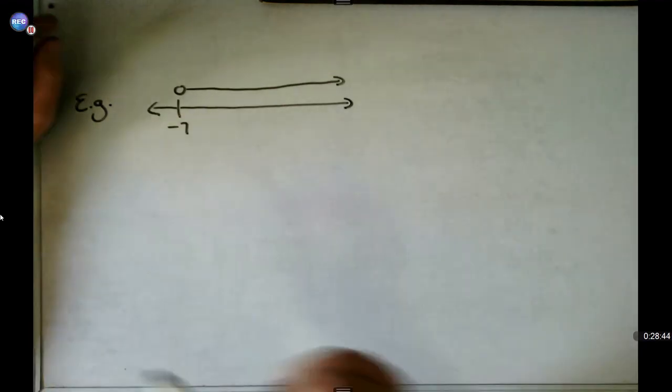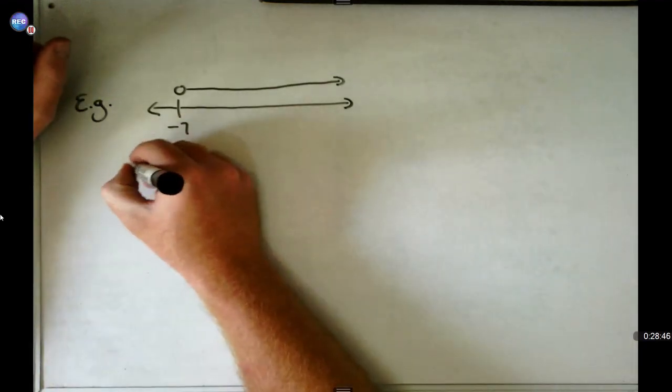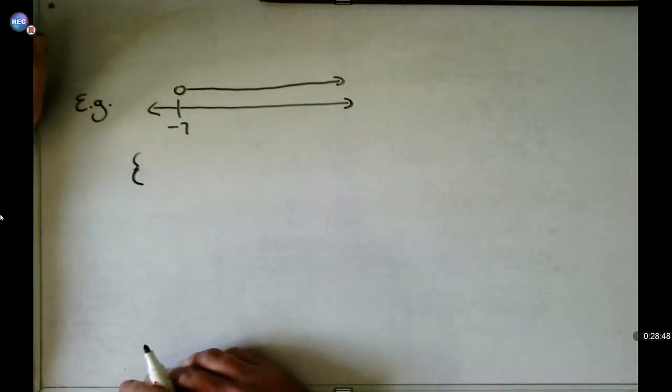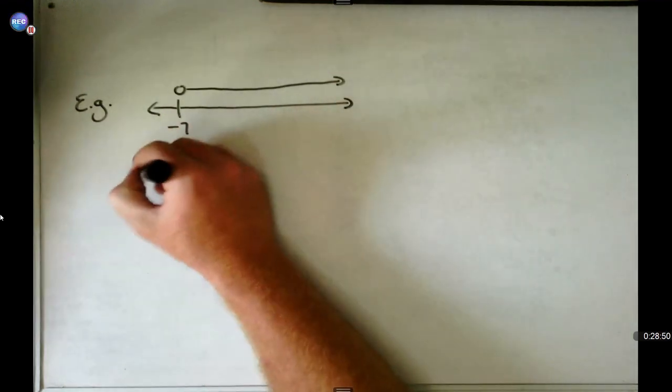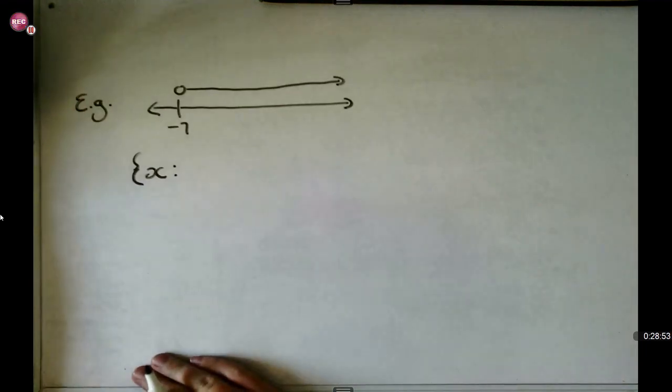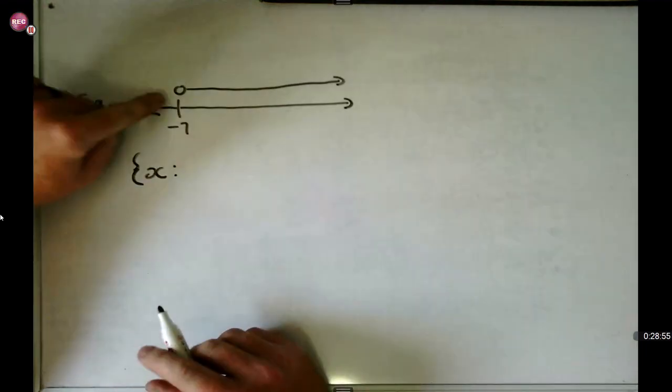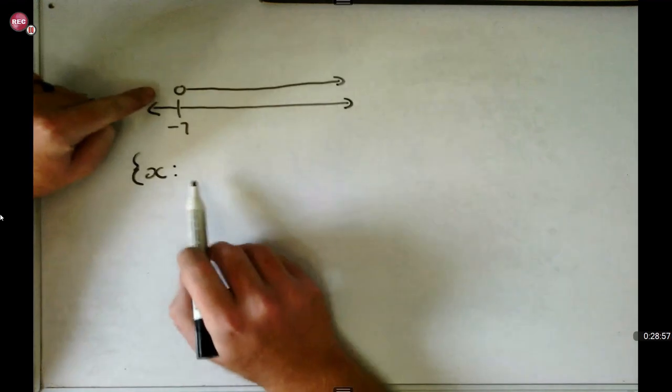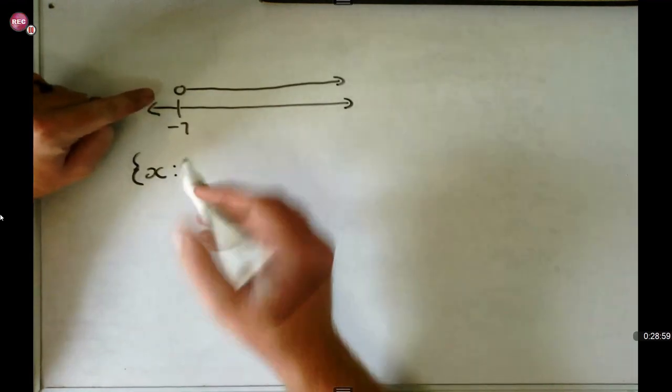Okay, now in your little curly bracket, you are working with x as your variable. There's only one number, which means you are not going to start with a number. You are going to start with x.